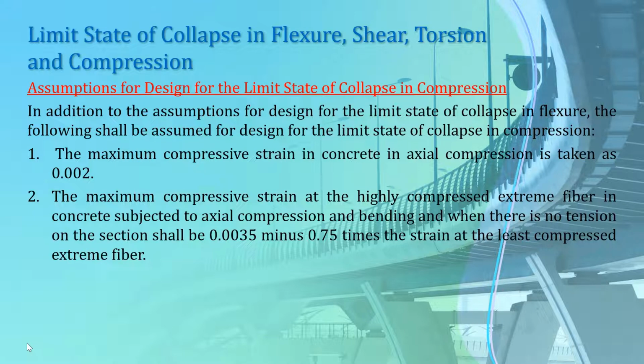In addition to the 6 assumptions that we discussed before for flexure, these 2 additional assumptions are also used for the limit state of collapse in compression. This we will discuss when we are discussing the design of compression members, that means the design of columns.